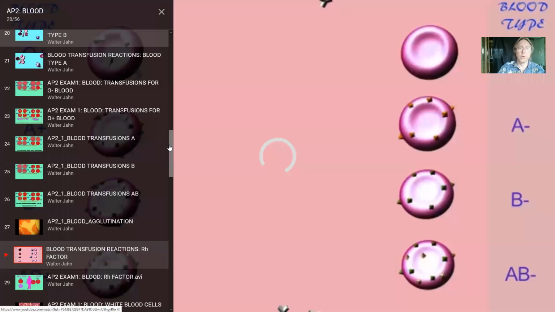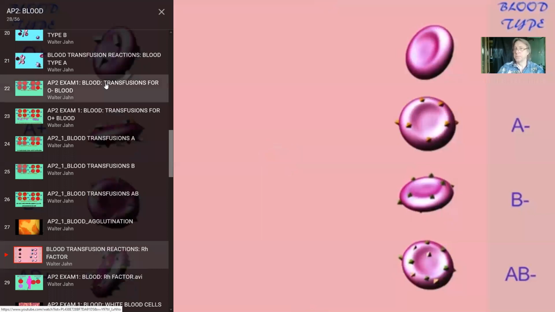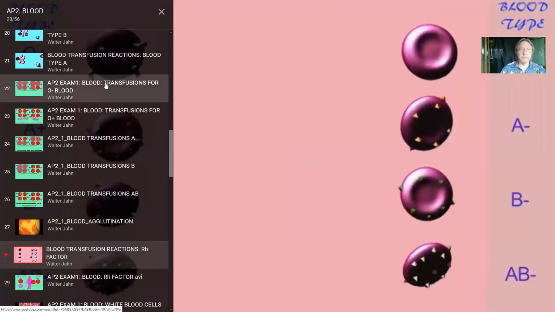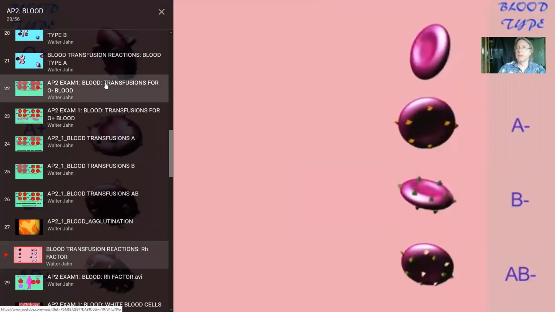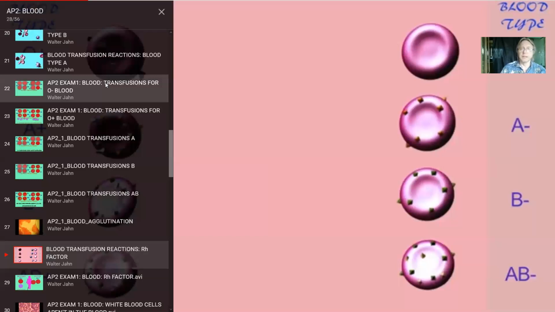And this can actually result in death. So I don't want to get a transfusion with the wrong blood type. If I do, I could die. Because once again, there's all of this clumping that could occur, all of this debris which might result.